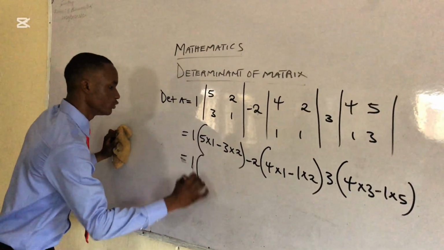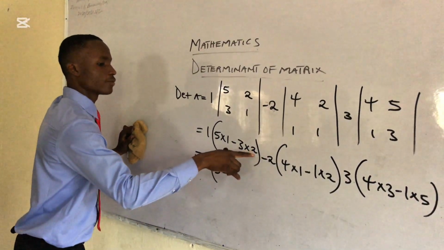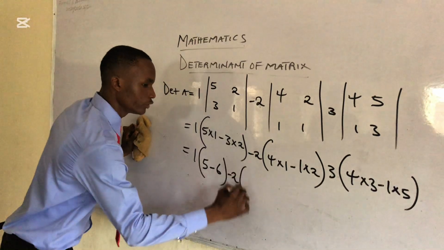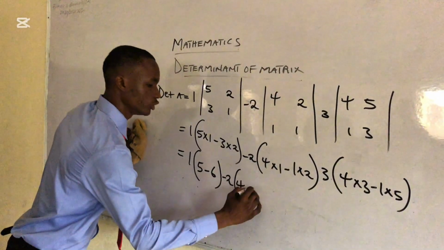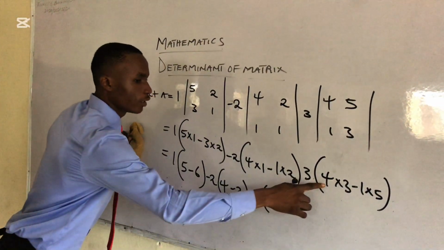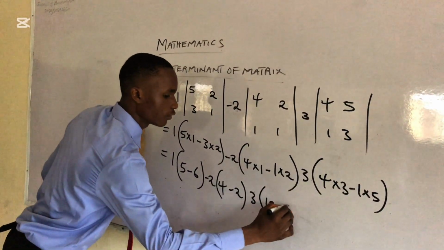So we have 1 into 5 times 1 is 5, minus 3 times 2 is 6. So we go minus 2 into 4 times 1 is 4, and minus 1 times 2 is 2. So we go to 3 into 4 times 3 is 12, minus 1 times 5 is 5.